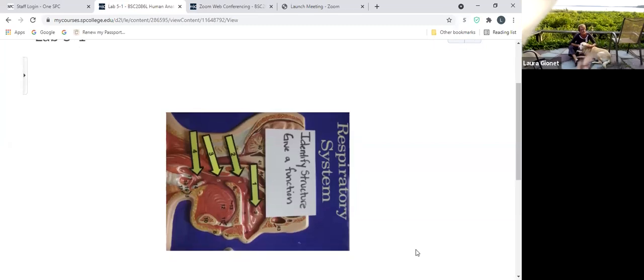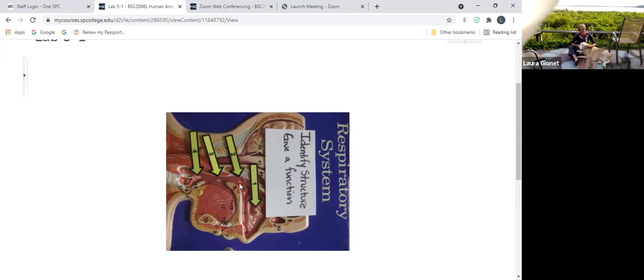This is actually a very large model. This is the upper left corner of this model, and it is indicating, what's that, arrows 1, 2, 3, and 4. It's not pointing to the nares, which are way at the anterior aspect, but it's pointing to that region on the model.